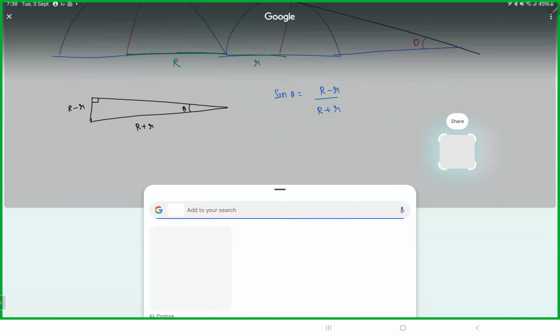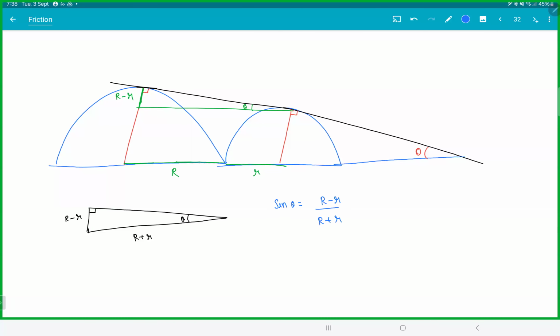But we already know tan theta is equal to mu. We know how to get sine theta from tan theta. So this is theta, this is mu, 1, and this is root over mu square plus 1. So sine theta is mu by root over mu square plus 1.